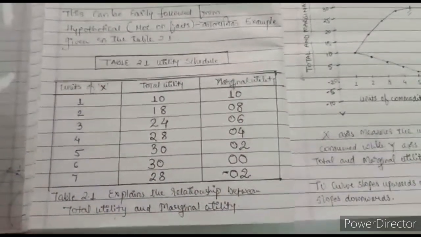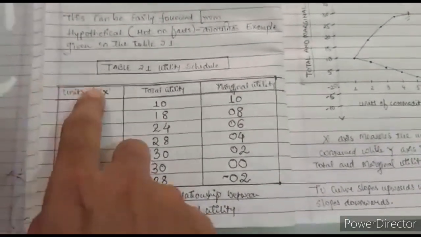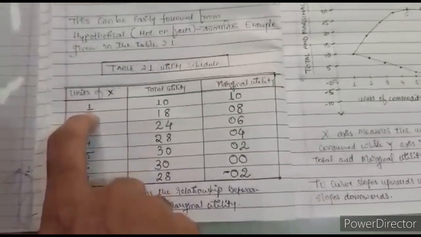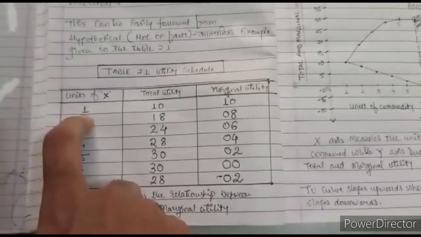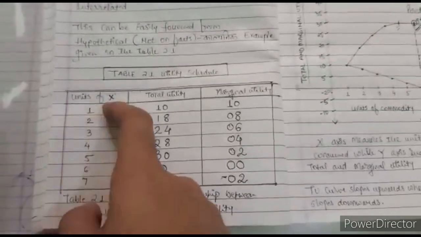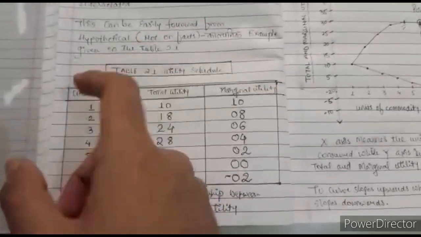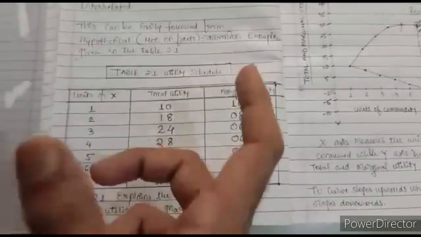That's why I'm making the second video. So if a consumer eats the first mango, now you have to understand the relationship between total utility and marginal utility. Suppose this is commodity X, we can assume any commodity like apple or mango, whatever.